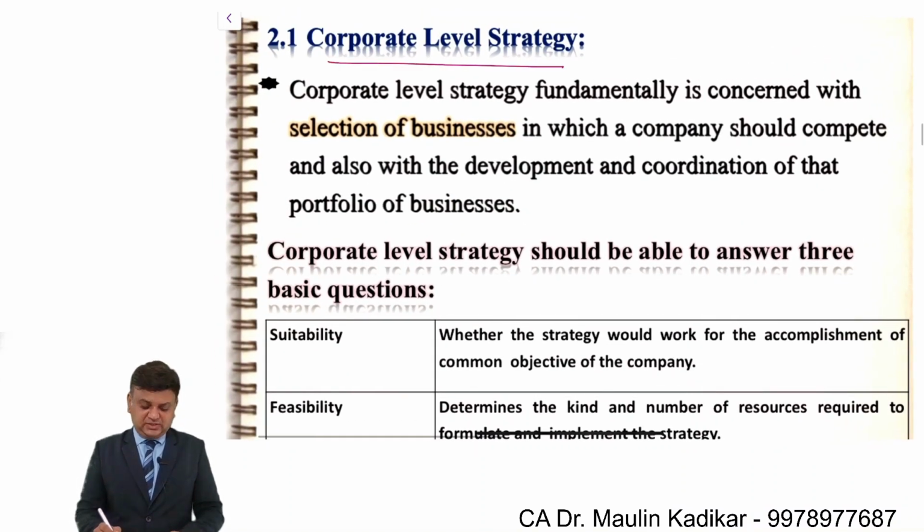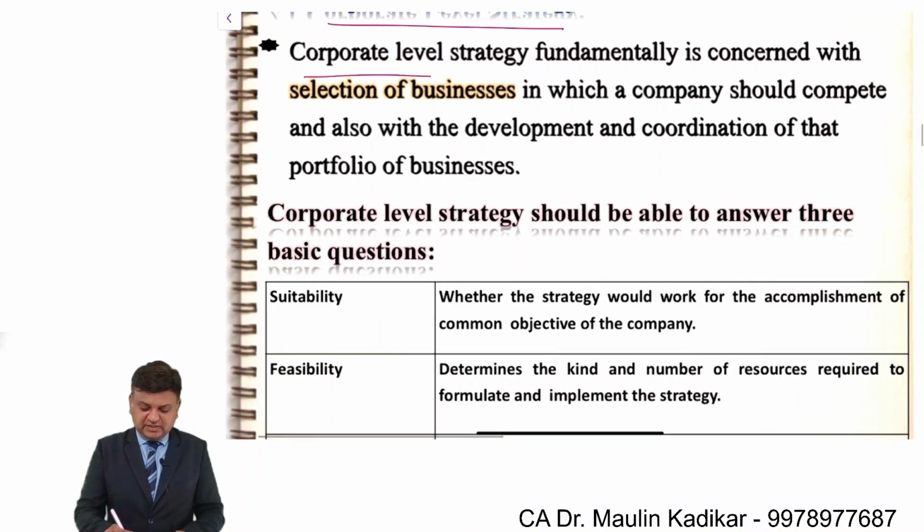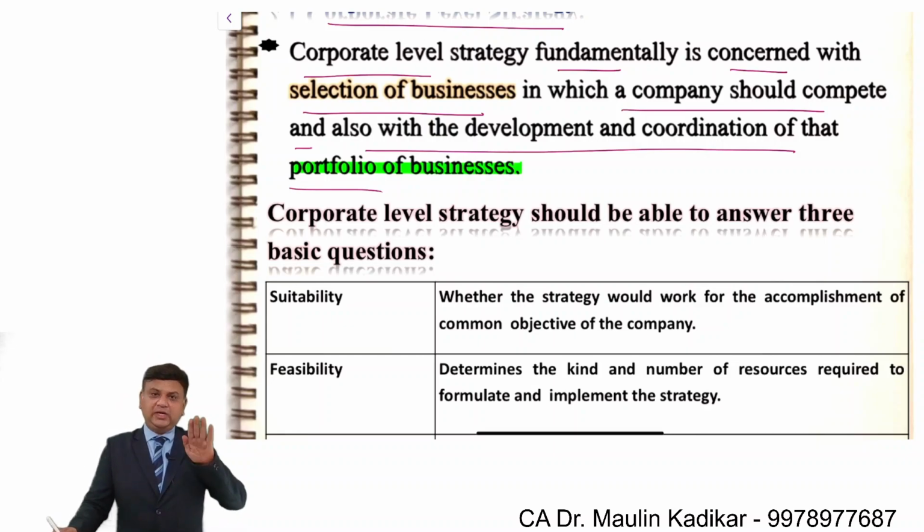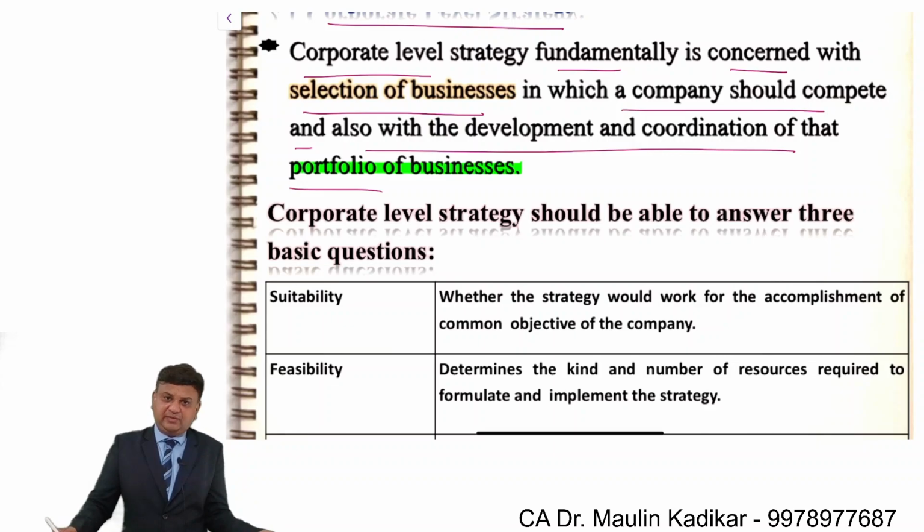Corporate level strategies. Corporate level strategy fundamentally is concerned with selection of the business in which a company should compete, also with the development and coordination of the portfolio of the businesses. Portfolio of the businesses means you are already doing one business and you are considering entering into another line of business.